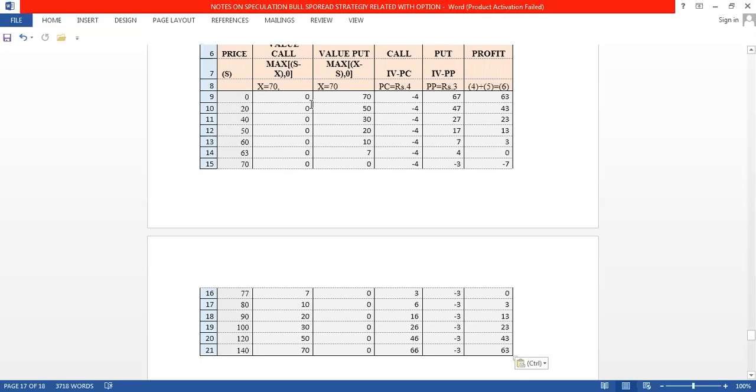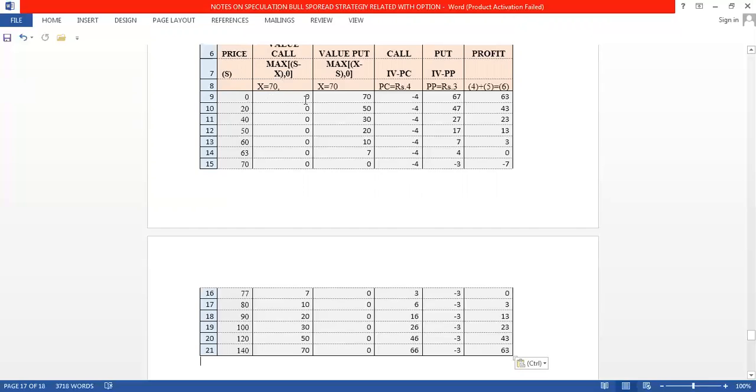Actually, this one we have calculated by using the Excel formula. In Excel, the formula will be equal to max, then within bracket, this cell minus 70, bracket close, comma, 0.